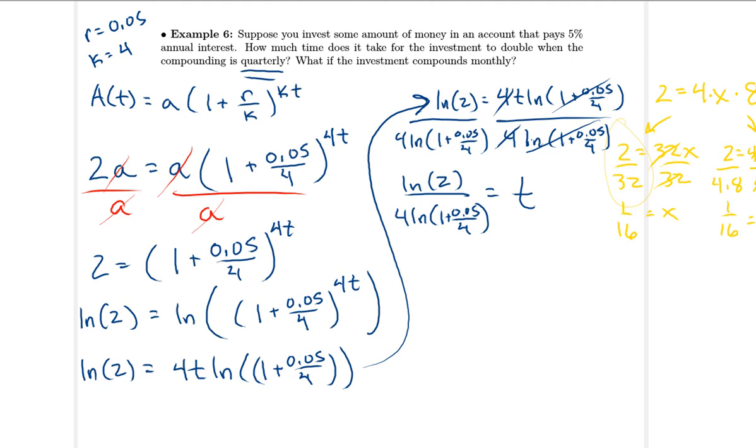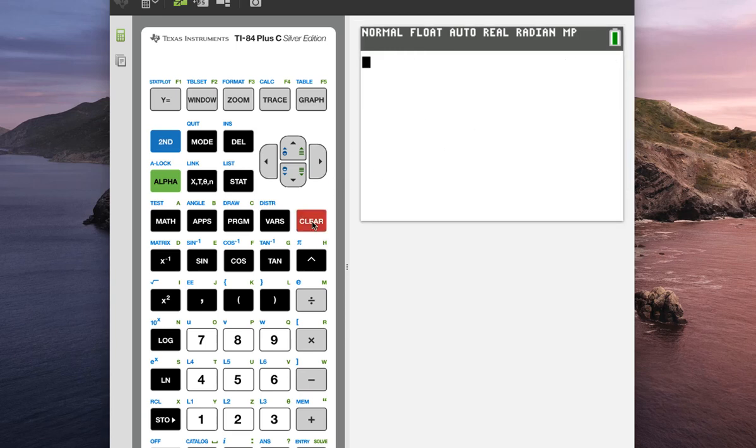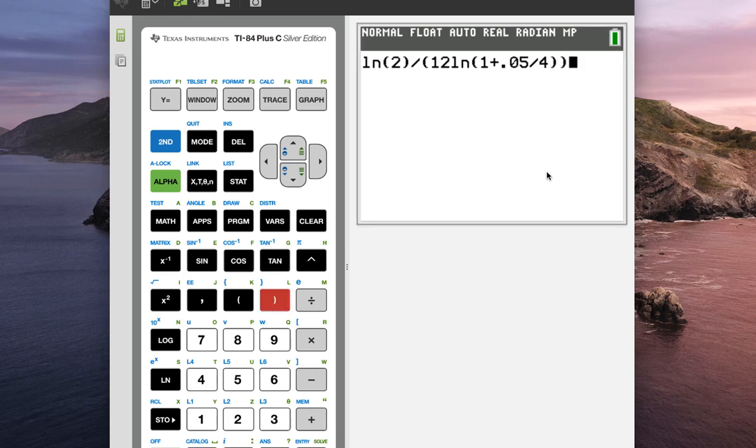This might be a good one for us to take a look at on the calculator. Typing in what we just discovered, we have the natural log of 2, but don't forget about what's in the denominator. So we'll have 12 natural log of 1 plus 0.05 over 4, and close those parentheses.